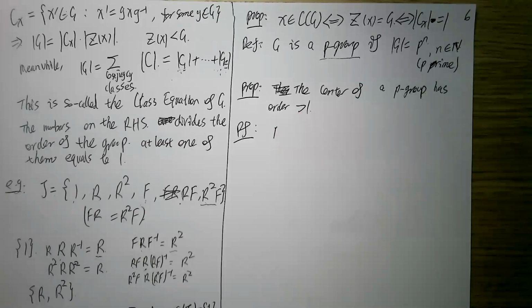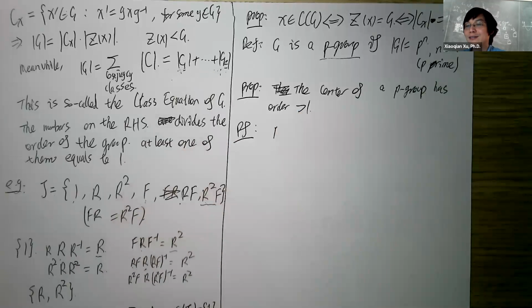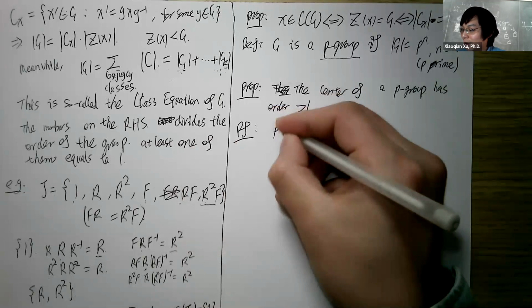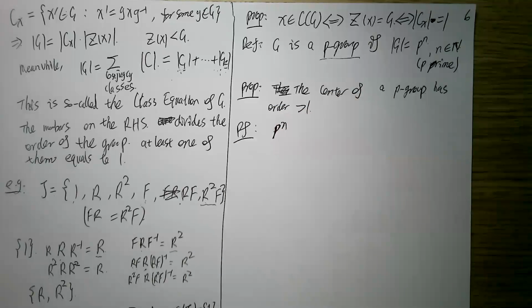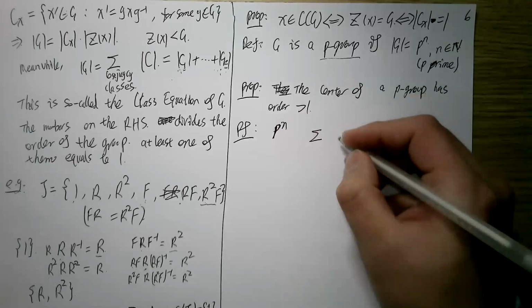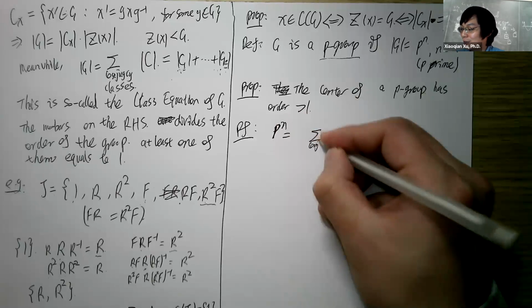Well, it may not be p to the power n minus one, right? The conjugacy classes could be anything that is a factor of p to the power n. I mean the sum of conjugacy classes.